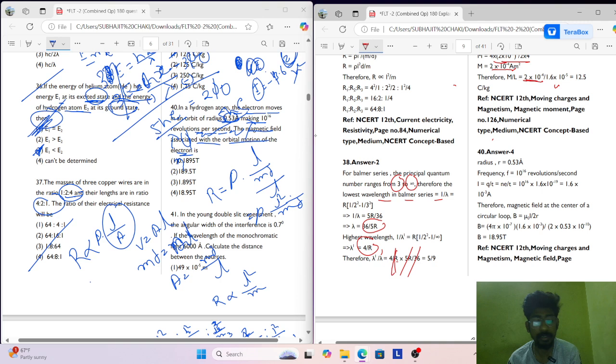How to calculate T? F equals 1 by T. Therefore, T will be equal to 1 by F, means 10 to the power minus 16 will be T. Right? So Q is 1.6 into 10 to the power minus 19 divided by 10 to the power minus 16. So therefore, it will be 1.6 into 10 to the power minus 3. This what?